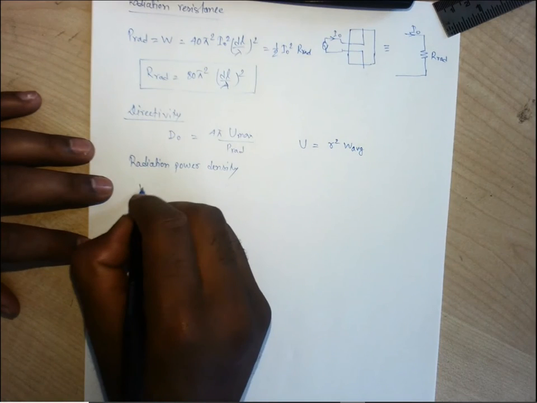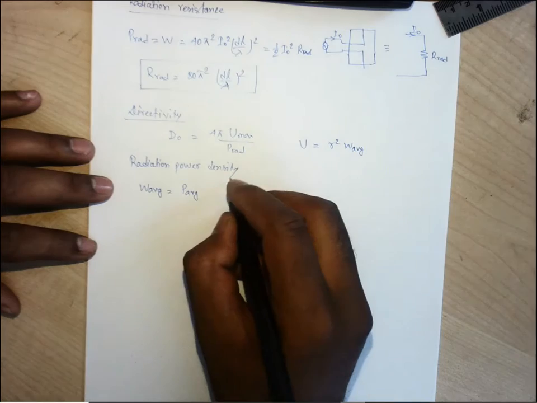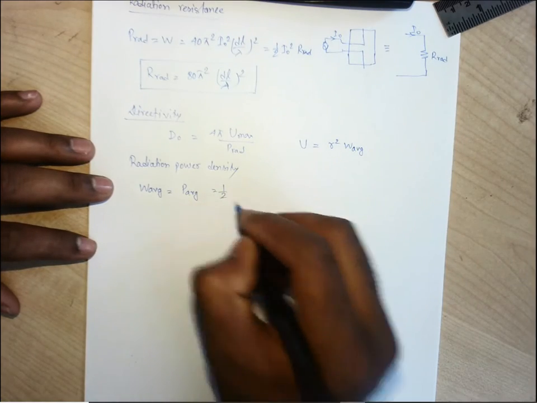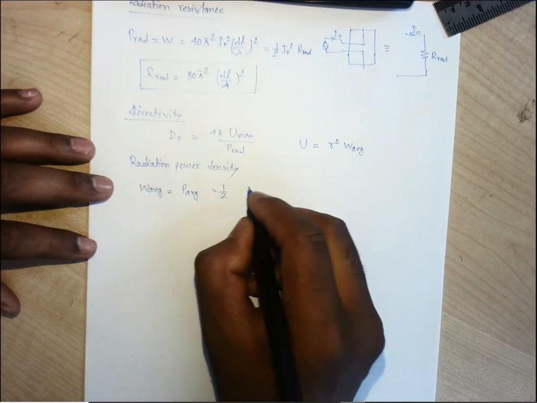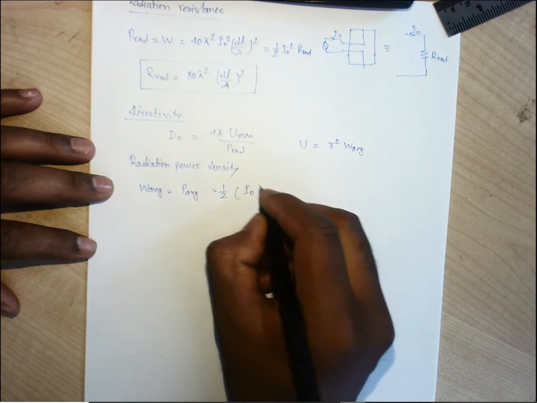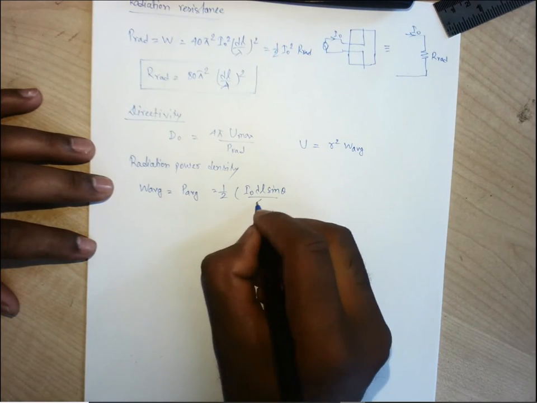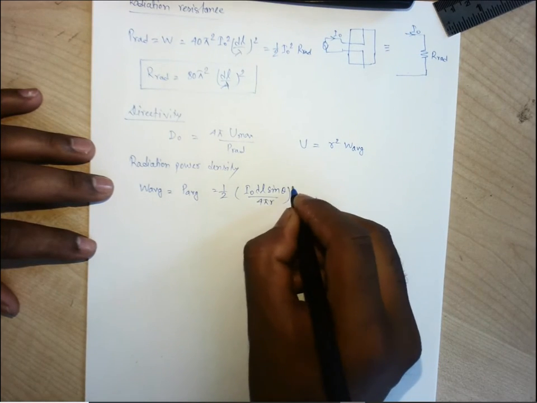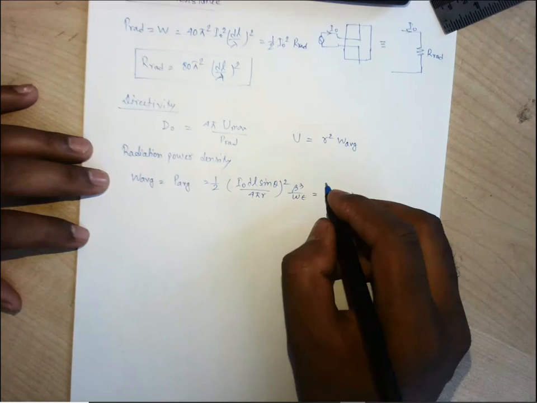This W average, which is the same as power average, we found by taking the Poynting vector, E cross H conjugate, with I naught dl sin theta by 4 pi r whole square, beta cube by omega epsilon.